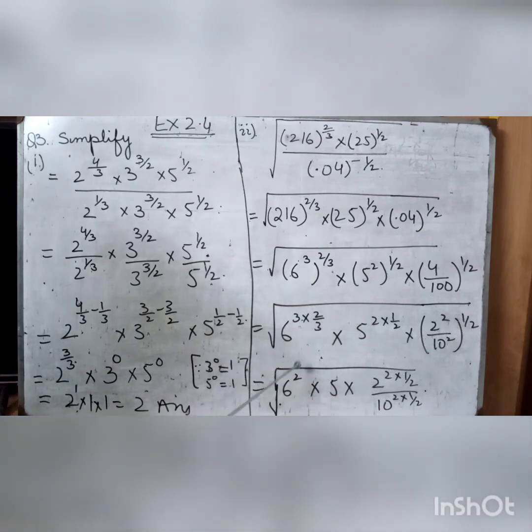After simplification, we have square root of 6 square multiplied by 5 multiplied by 2 raised to power 2 multiplied by 1/2.